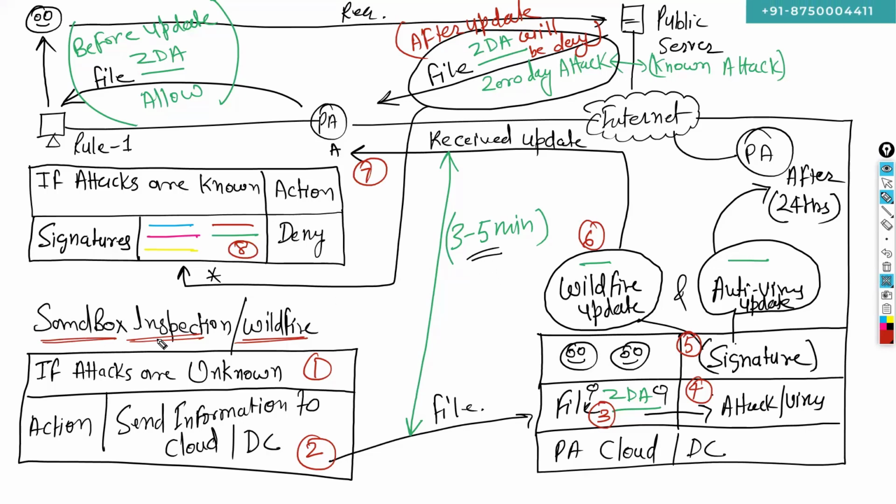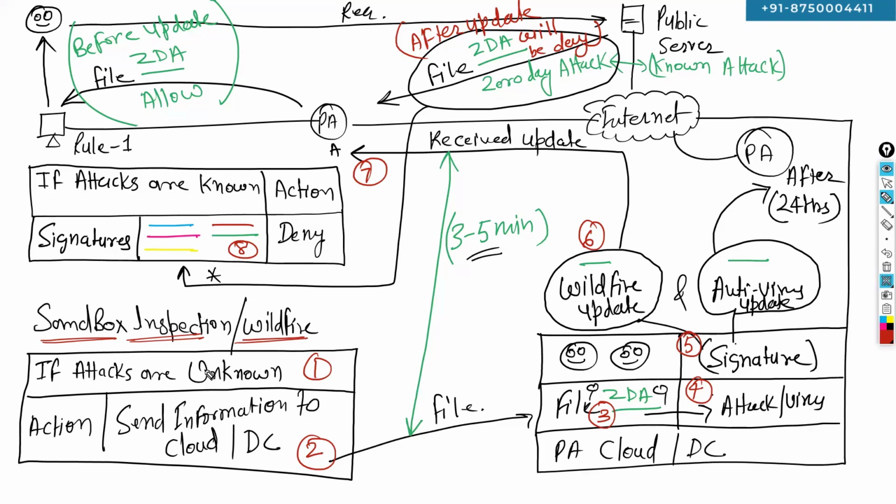So sandbox inspection is marketed by Palo Alto under the name WildFire. In WildFire or sandbox inspection, we configure the firewall in such a way that you send unknown attack information to the cloud so that they can generate an update for you.